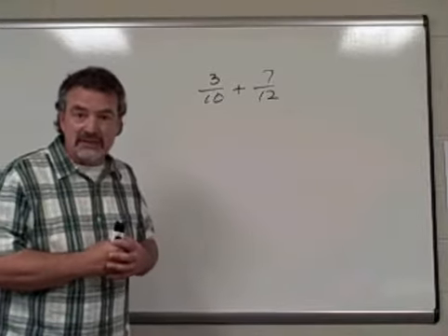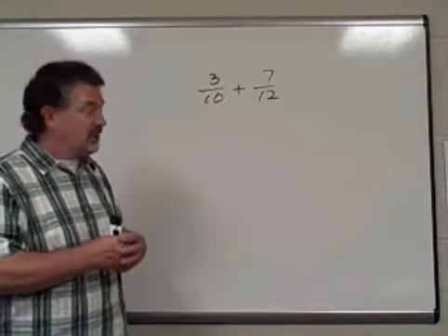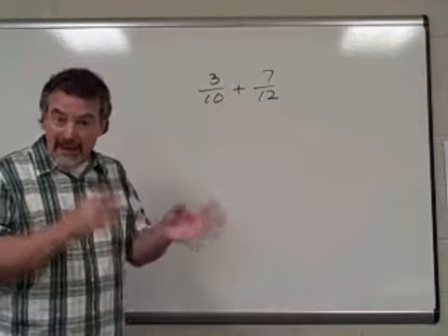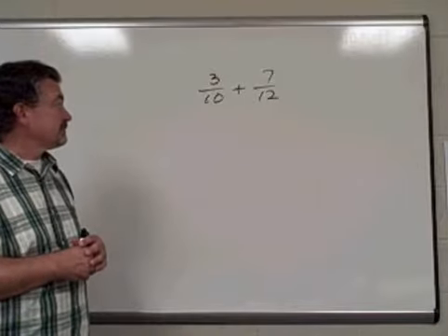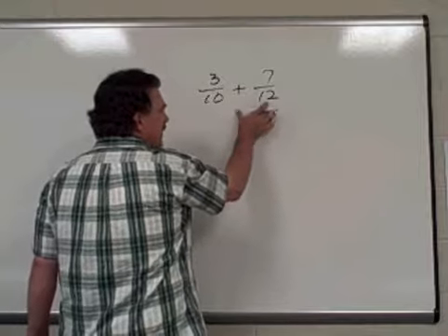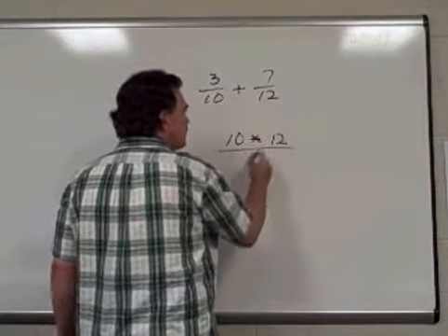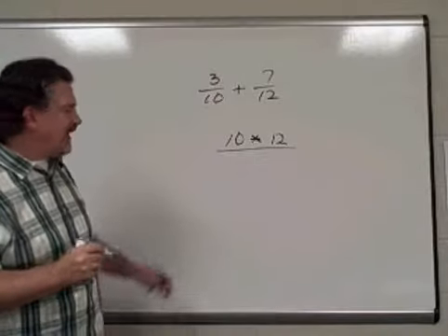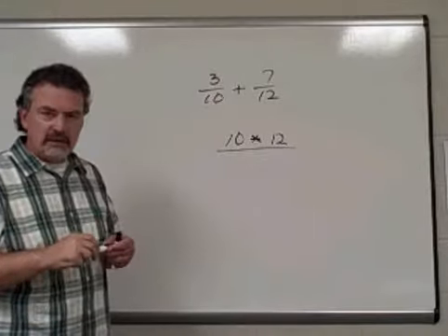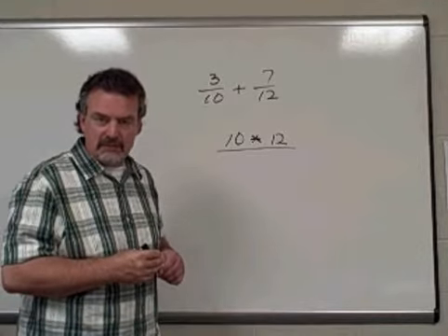Well, I want to show you a technique that we can use to always find the common denominator for two denominators when we are adding or subtracting fractions. What we do is this. We take the product of the two denominators and divide by the greatest factor they have in common.